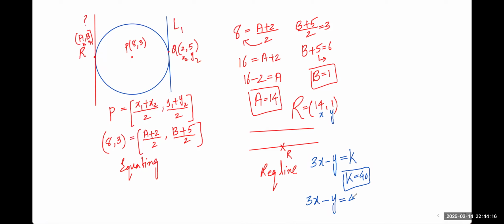So your answer is 3x minus y is equal to 41. It is 41 actually, not 40. So this completes your question.